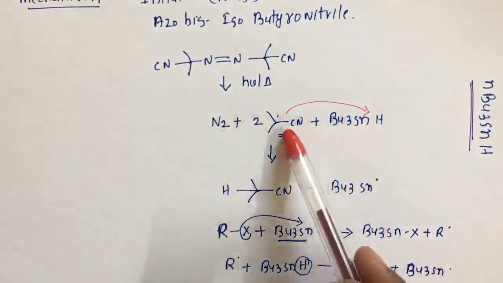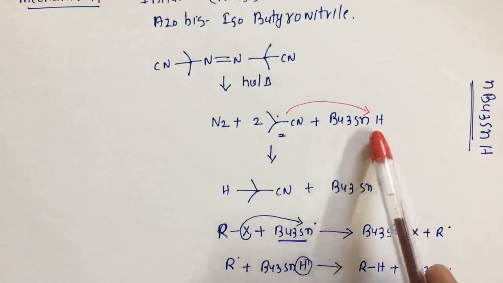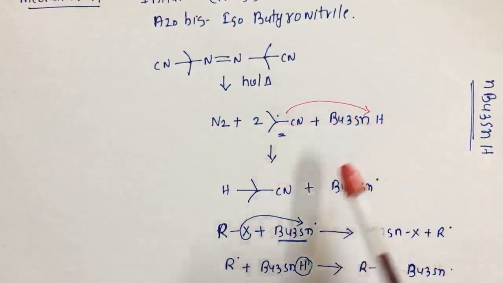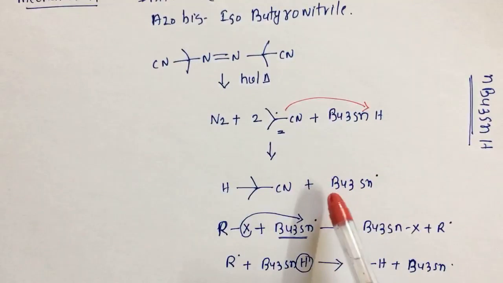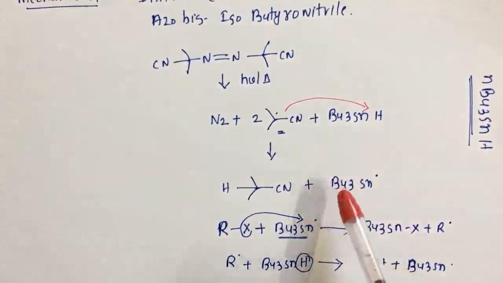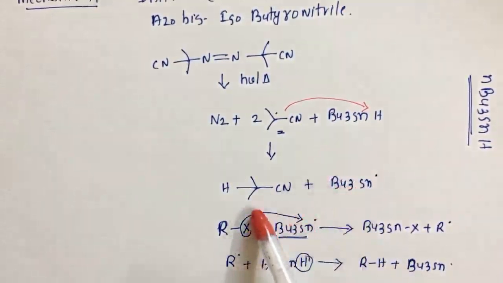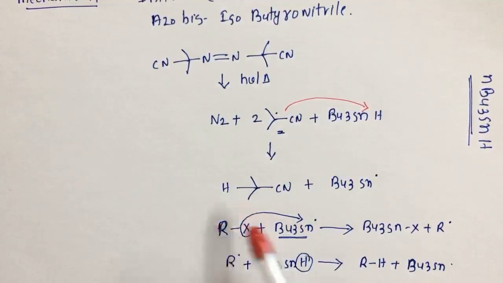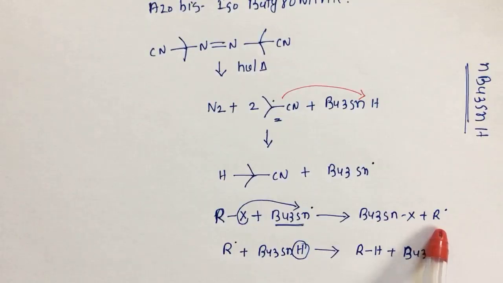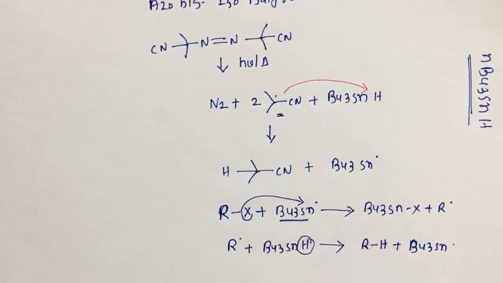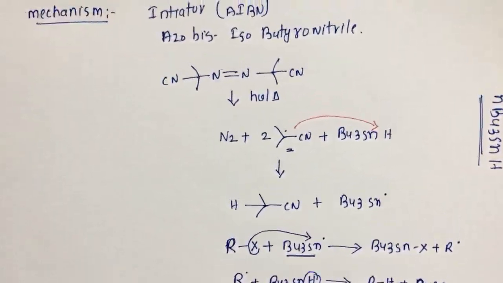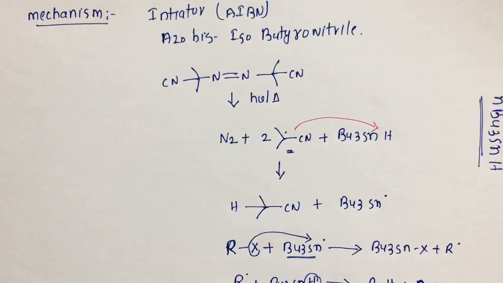Further, this reacts with Bu3SnH and abstracts the hydrogen, and we get this free radical. This free radical abstracts the halide from alkyl halide and forms an alkyl free radical. This alkyl free radical reacts with one more Bu3SnH and forms a hydrocarbon. So this is the mechanism for n-butyl stannous hydride.